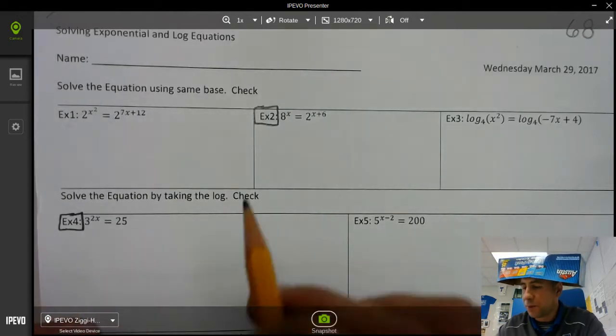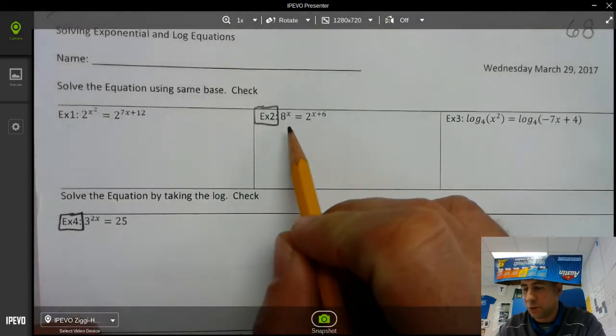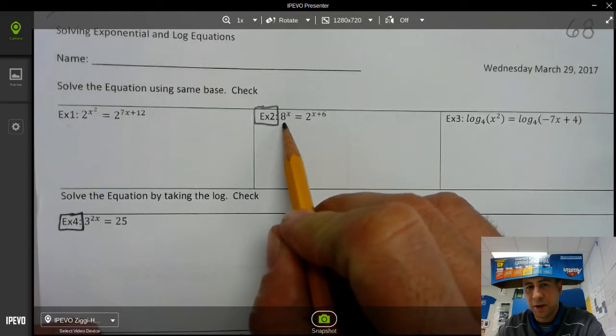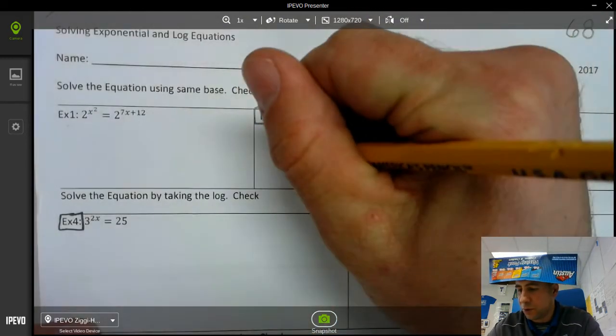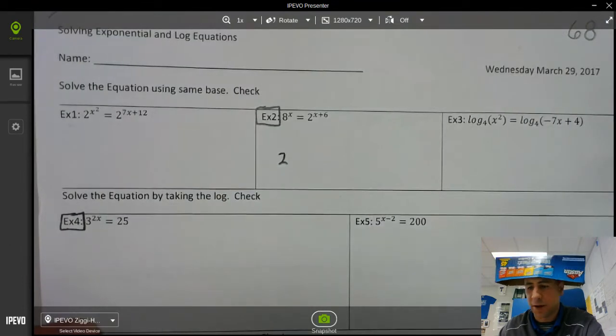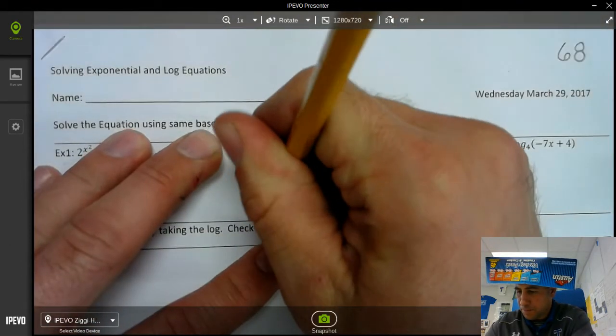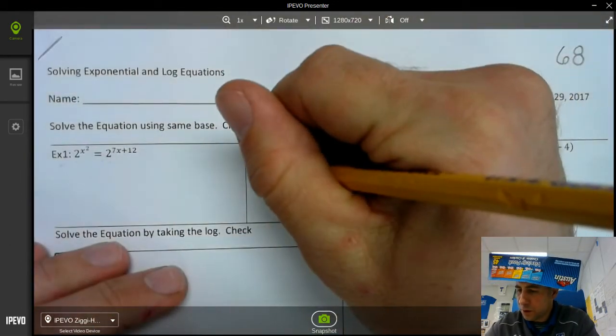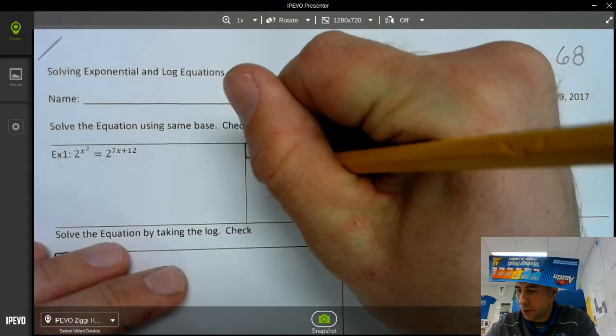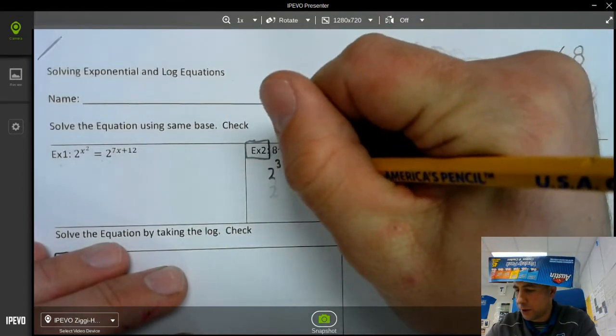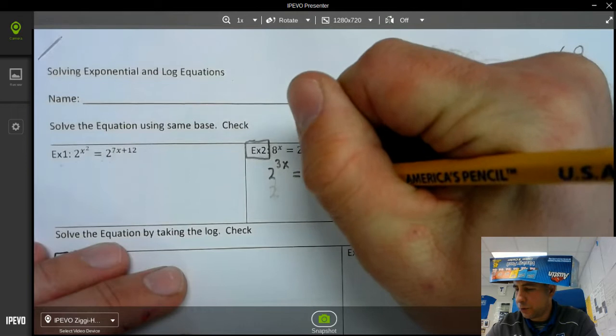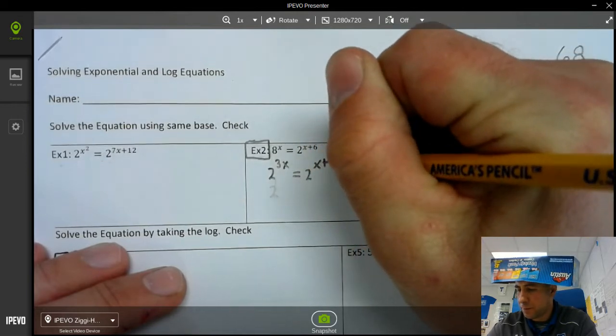Okay, so example 2, we see the right side has a base of 2, so we want to make the left side a base of 2. We think, well, 2 to what power gives us 8? So we know 2 to the third power. So that's 2 to the third power, don't forget the x, equals 2 to the x plus 6.